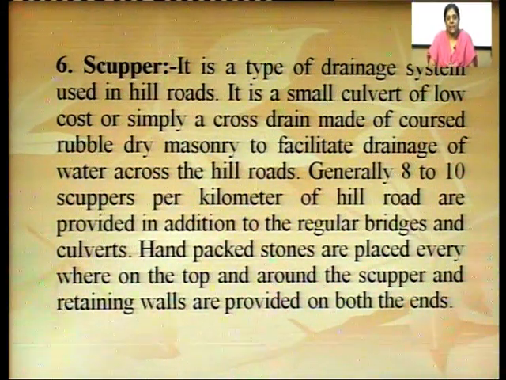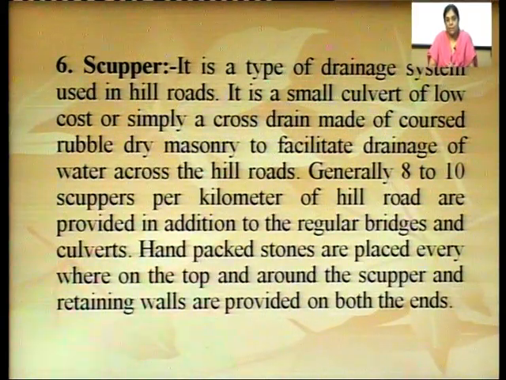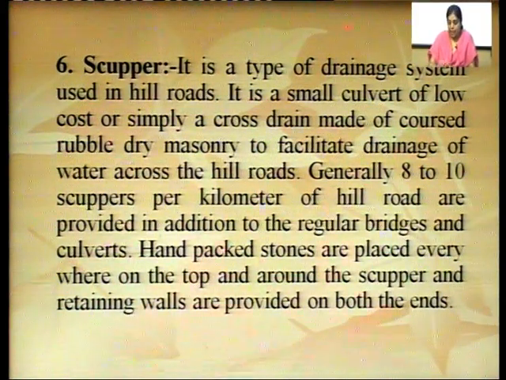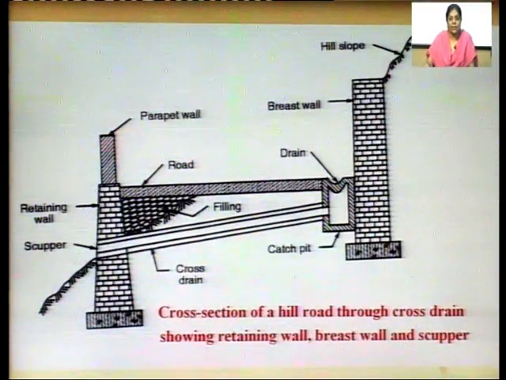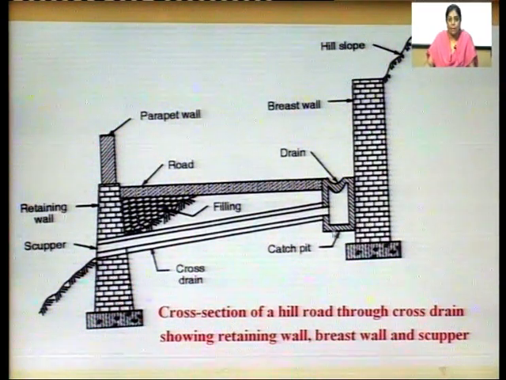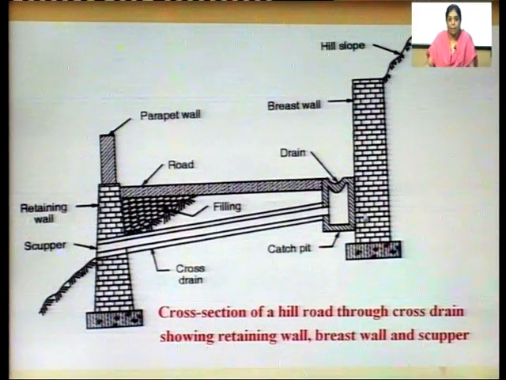So, a scupper is a type of drainage system, and in the diagram that I have already shown you, you can see that this is a scupper. In fact, this is a catch water drain, catch water pit.